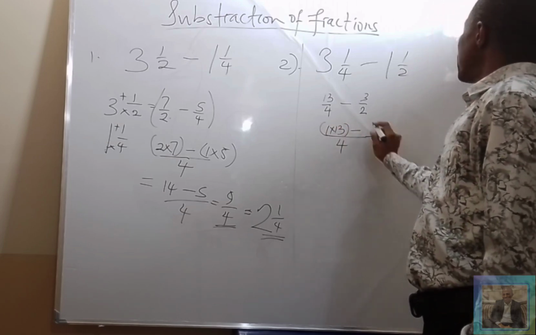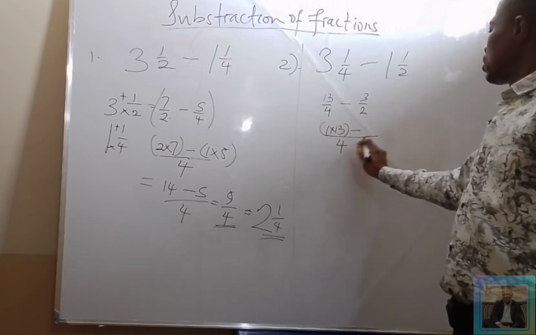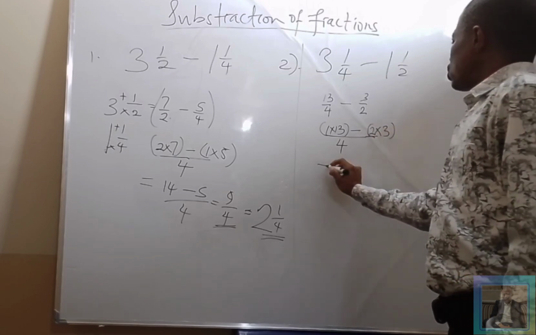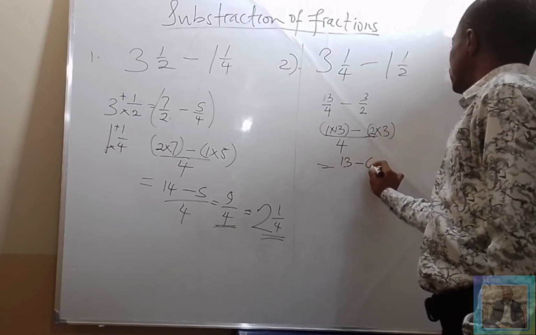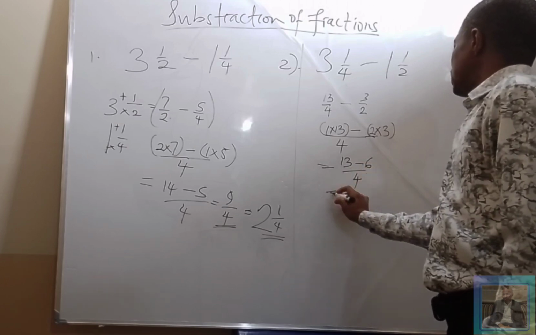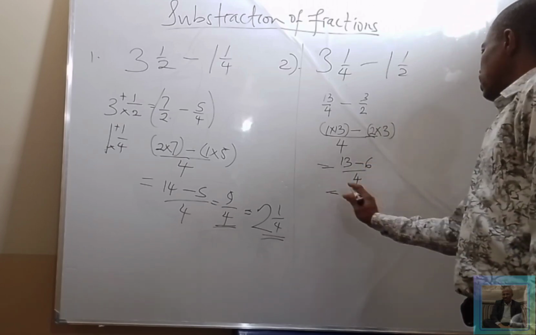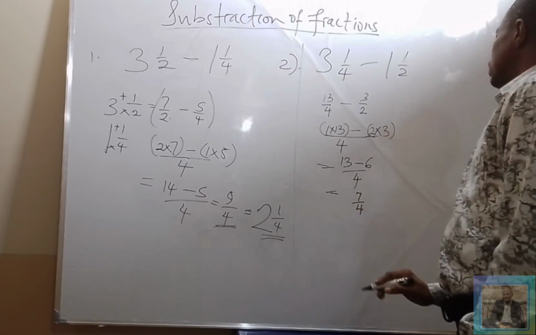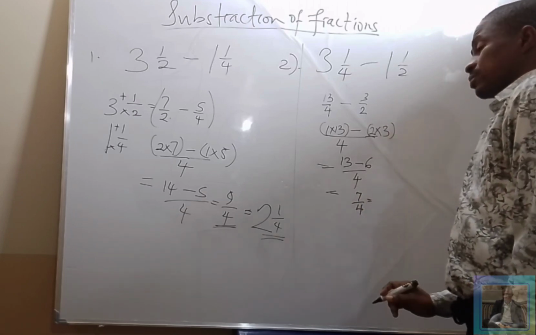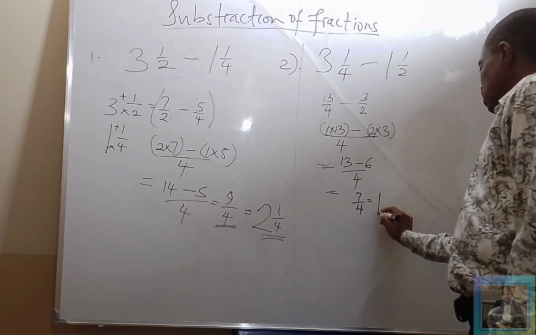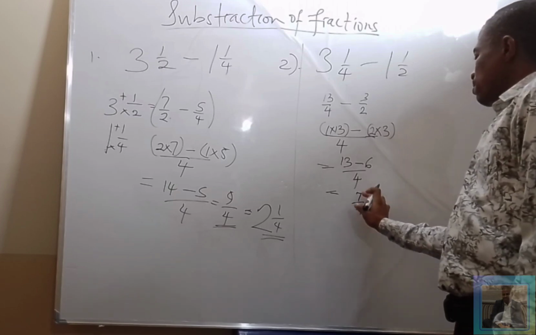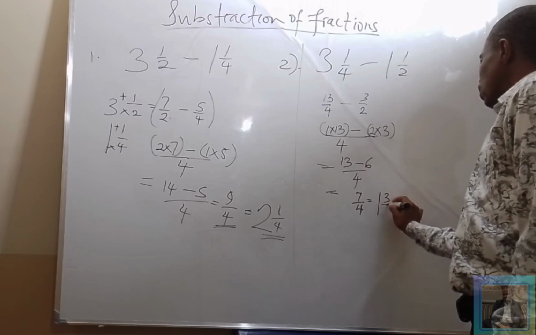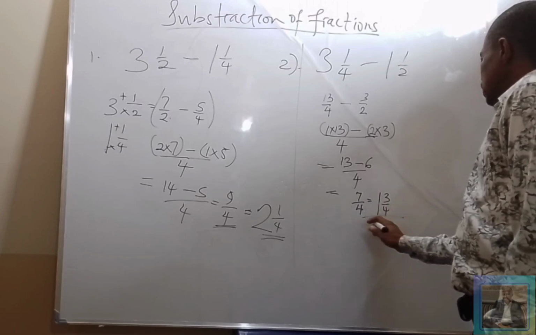Then, how many 2s do we have in 4? 2. 2 times 3. What do we have? 13 minus 6 over 4. That gives us 7 over 4. How many 4s do we have in 7? 1. 7 take away 4 gives us 3 over 4. You see, this is the answer.